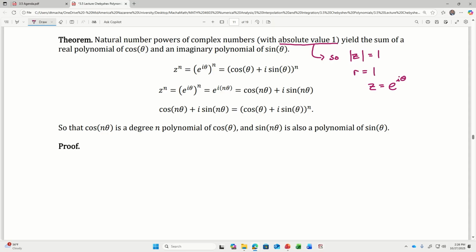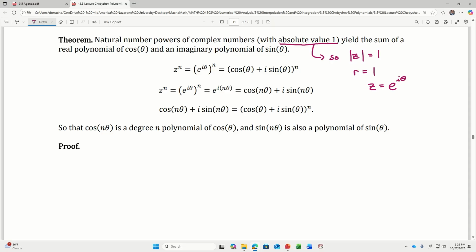And if I take a natural number power of that, it's going to yield the sum of a real polynomial of cosine and an imaginary polynomial of sine. And I've already done some of the work here where it's typed up, but you can kind of see what I'm talking about. If this is absolute value 1, it looks like e to the i theta. So I've got e to the i theta raised to the power n, and that's Euler's formula, right?